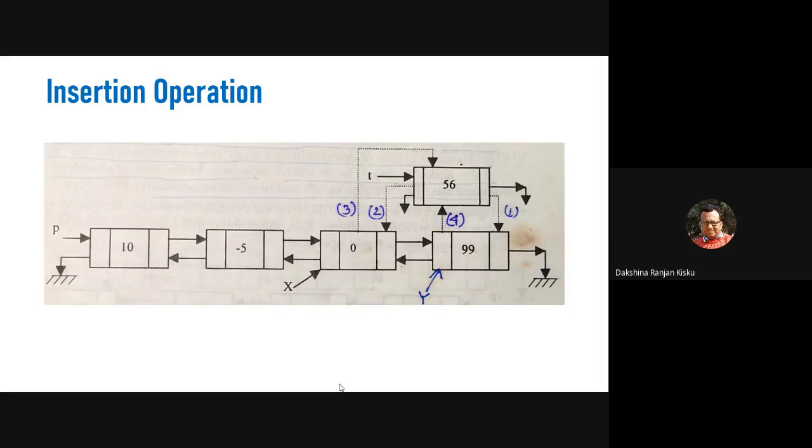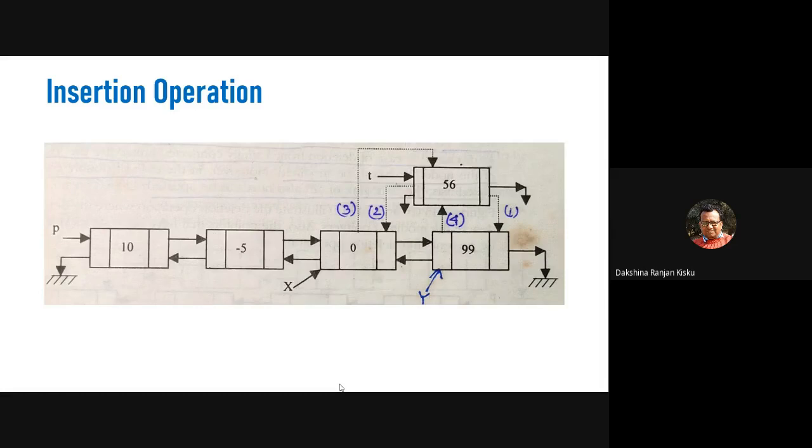First we'll update the X right. Why do we go for X right? Because from there we want to insert in between X and Y. No, if we update the X right pointer, initially X right pointer points to the last node.